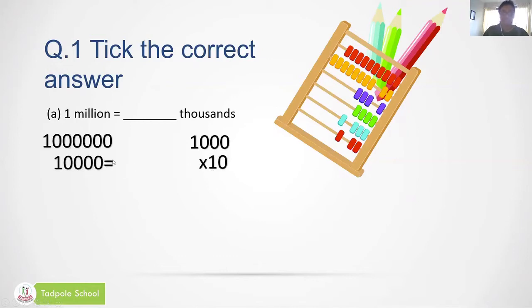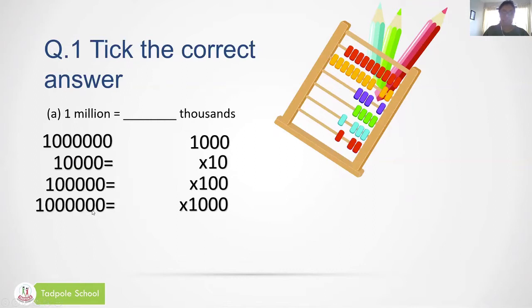It will give us 10,000. That's not equal to 1 million. If we multiply it by 100, it will give us 100,000, which is still not equal to 1 million. If we multiply it by 1000, it will give us 1 million. So that's easy. 1 million has 1000 thousands, and that's why your answer is 1000.